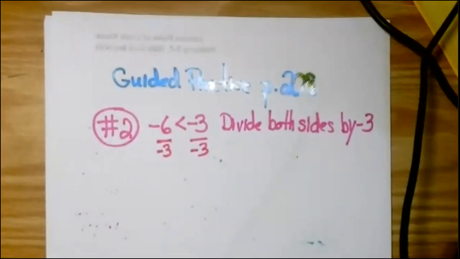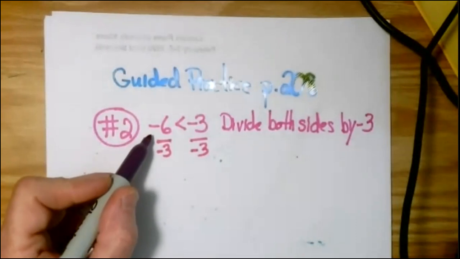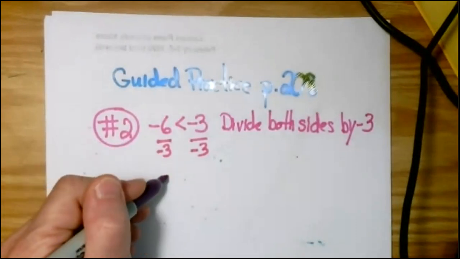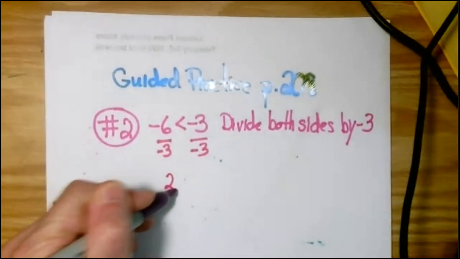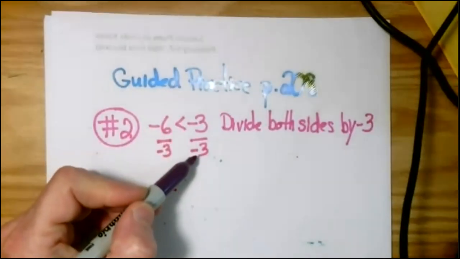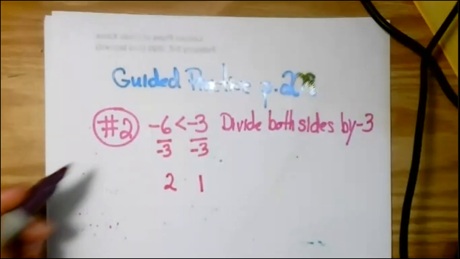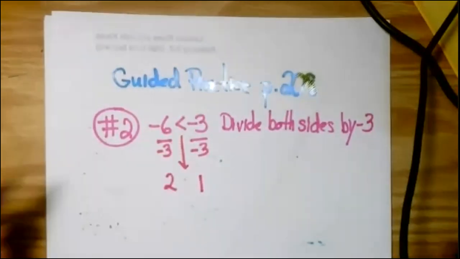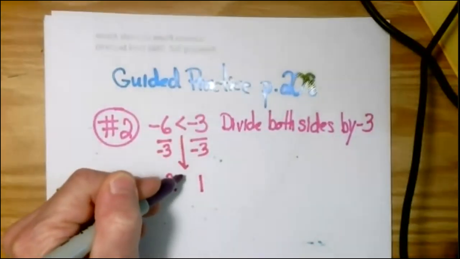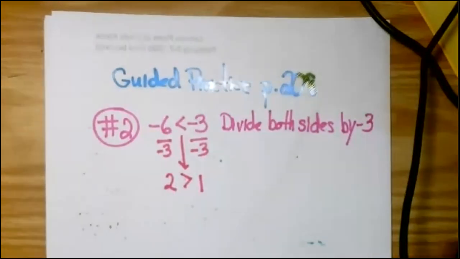Remember, if you multiply or divide by a negative number, you have to reverse the inequality sign. So negative 6 divided by negative 3 is going to give me a positive 2. Negative 3 divided by negative 3 is going to give me a positive 1. Now I've got to reverse my sign. It was going this way, it's going to need to go that way. So that is the answer for number 2.